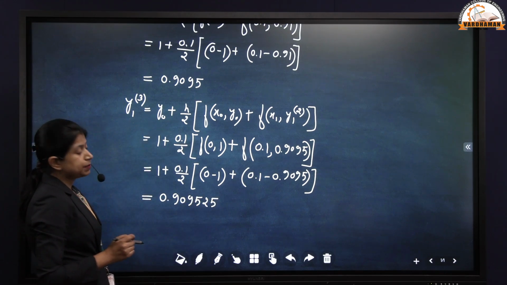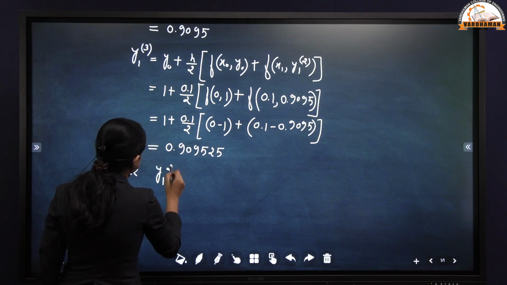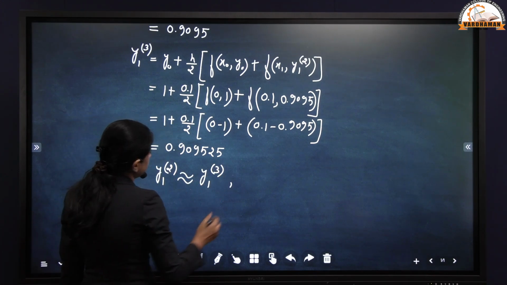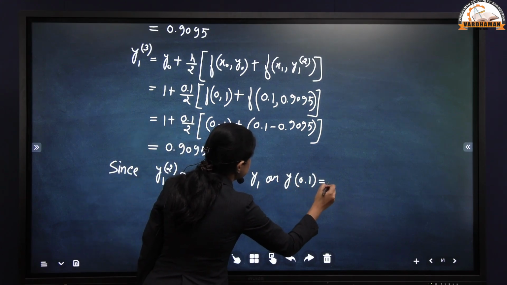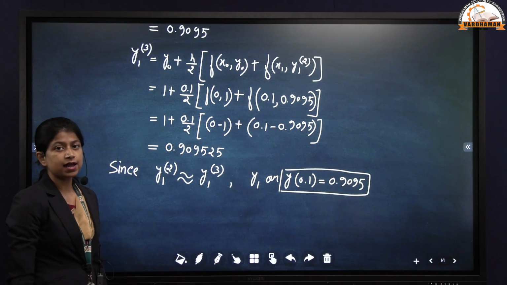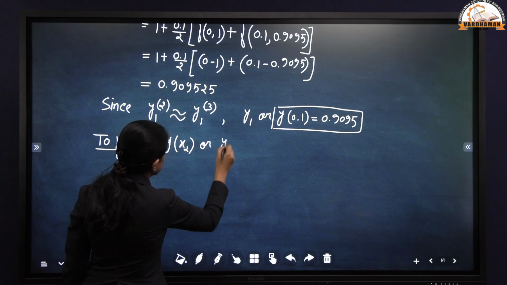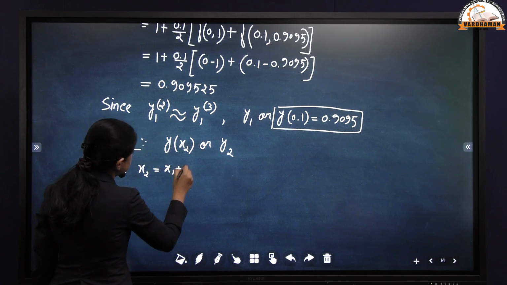Up to 4 decimal places, this and this are same. Since y1 2 is approximately equal to y1 3, we get y1 or y at 0.1 is equal to 0.9095. Now we will find y at x2. To find y at x2 or y2, here x2 will be equal to x1 plus h.